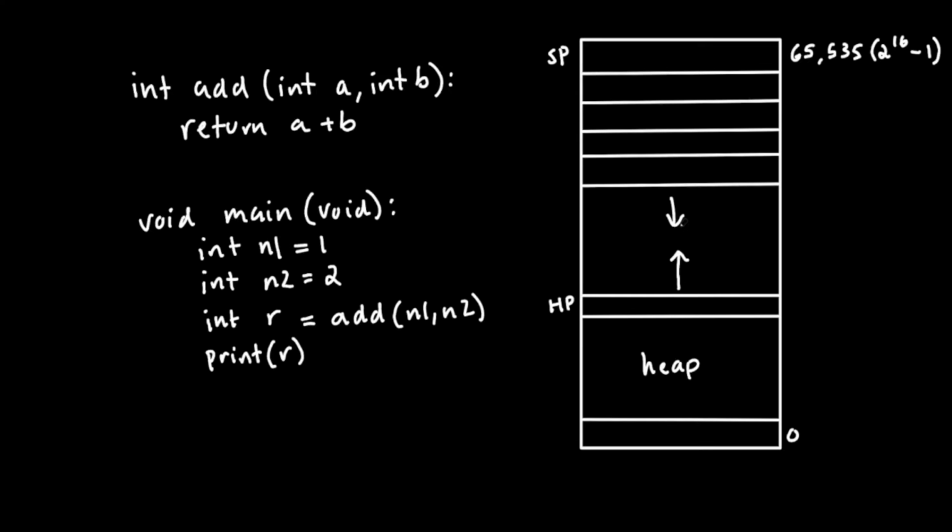This is the most common way you'll see memory laid out in most architectures. And I've just chosen an arbitrary address for the stack pointer, 2 to the power of 16, and it's -1 because of the 0 that we have down here. And 0 normally represents 0 or null.